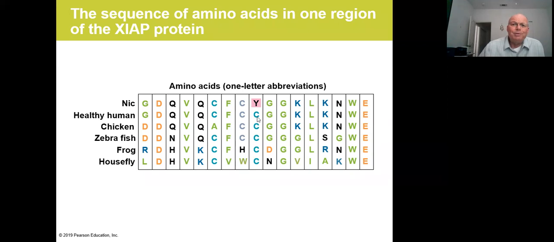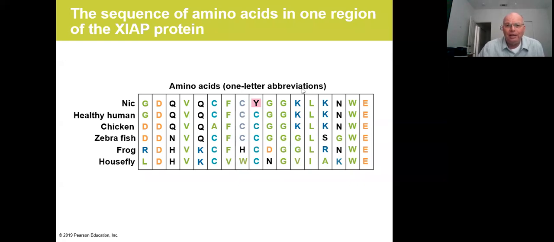In fact, the particular amino acid that had been changed in Nick's situation was very, very highly conserved across all of the organisms that were investigated. In other words, this particular amino acid was absolutely critical to the correct functioning of this protein.